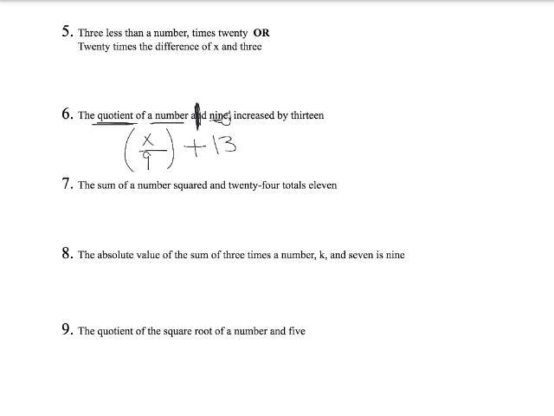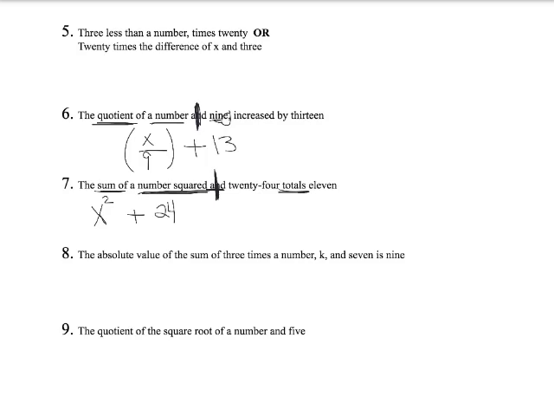Number 7. The sum of, so that tells me I'm adding. If you look for the word and, it tells you the two things you're adding. A number squared. Remember, squared means it's to the second power. So a number squared and 24.